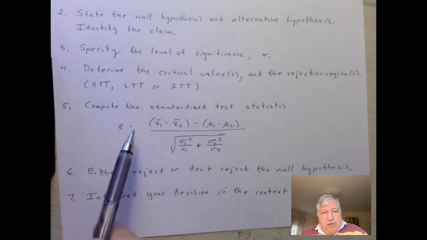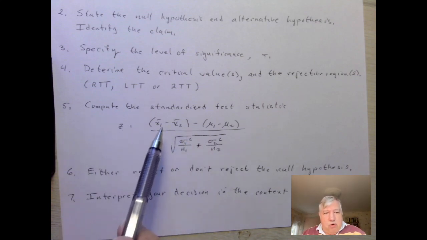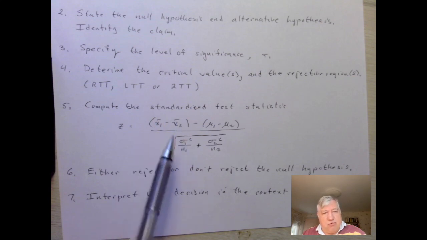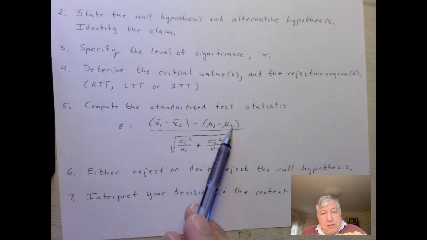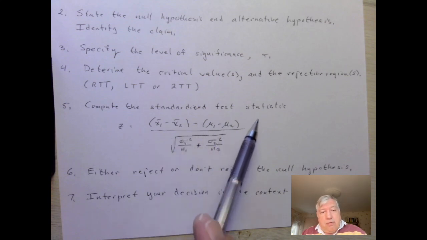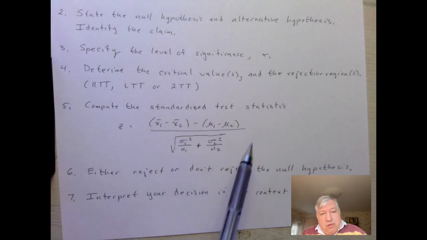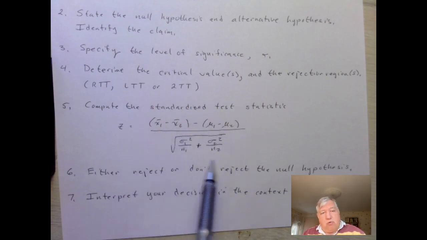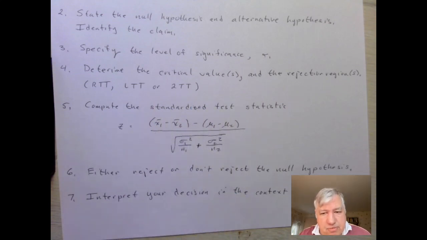And what this is, because we said that x1 bar minus x2 bar has a normal distribution, where the mean is this and the standard deviation is this, then this whole expression, this whole fraction, has a standard normal distribution. So that's why we can use the standard normal distribution.